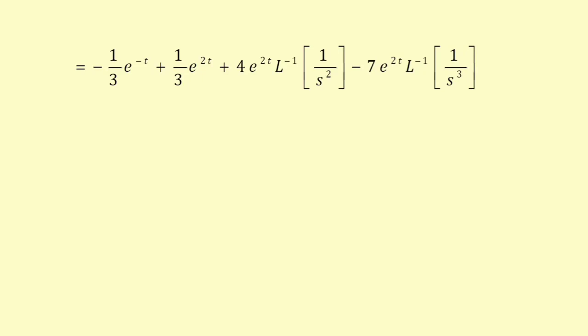Now the first two terms can be written as minus 1 by 3 into e power minus t plus 1 by 3 into e power 2t. Now considering the third term, this can be written as 4 into e power 2t L inverse of 1 by s squared and minus 7 into e power 2t L inverse of 1 by s cube.